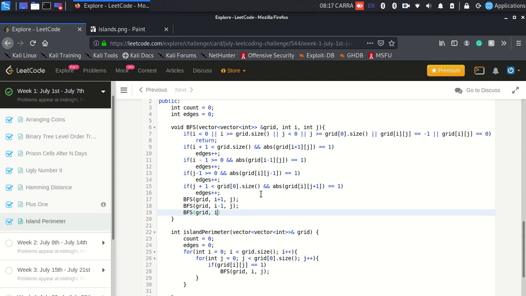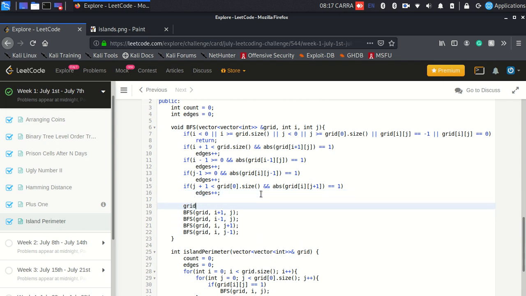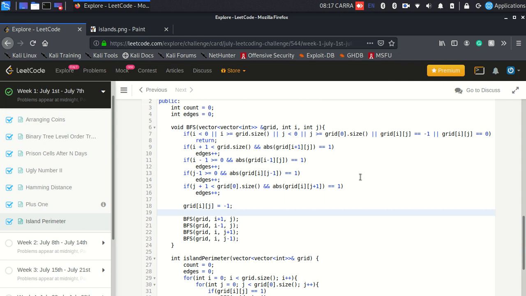Grid i and j plus 1, BFS grid i and j minus 1, and I don't want to call BFS again and again after each if the cell has already been visited. So for a particular cell, I'll mark that particular i comma j cell as -1 when it's already been visited, right?